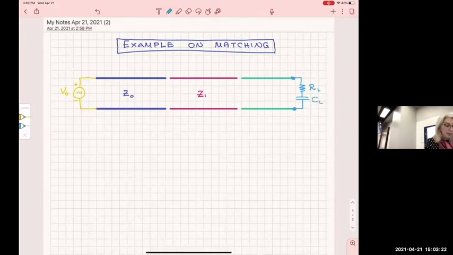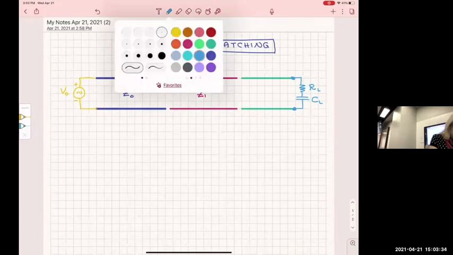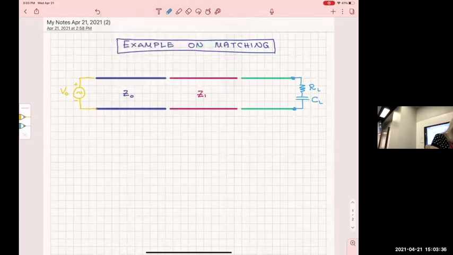All right, and then they will tell you in between here, you have a line, so the front line has a length. They may tell you that this length is D1, and let's assume that this length is 0.2 lambda.